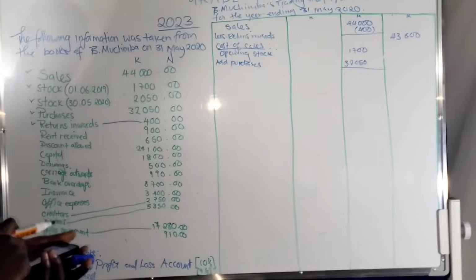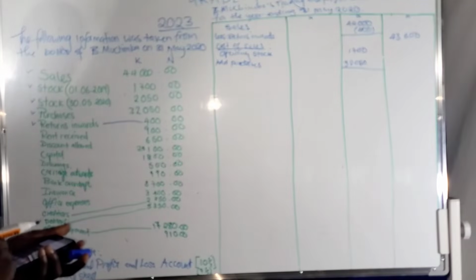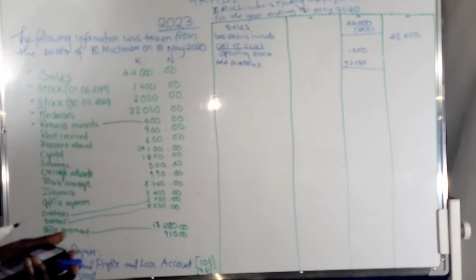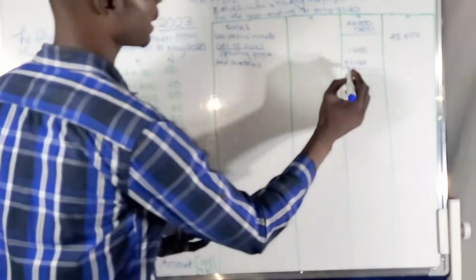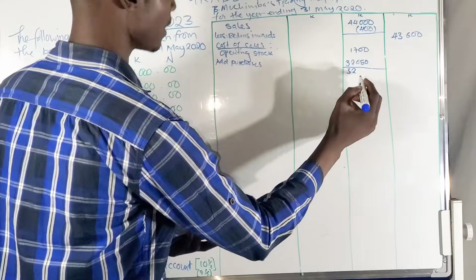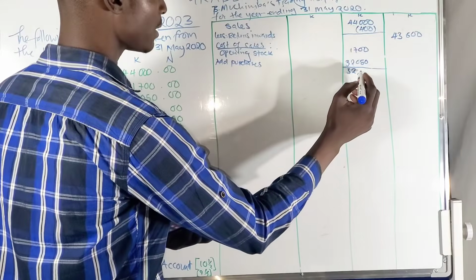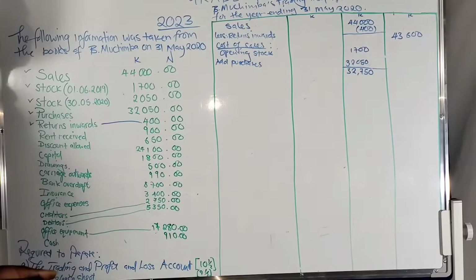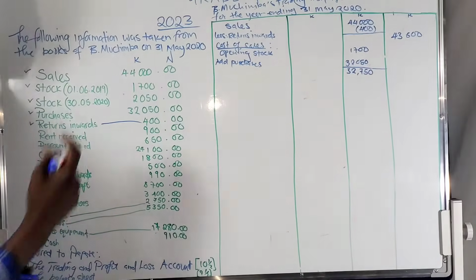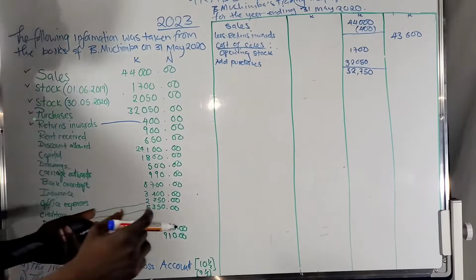Okay, 32,050. 1,700 plus 32,050 is giving me 33,750 there. And that amount is called total purchases.